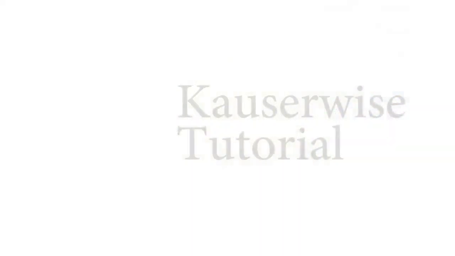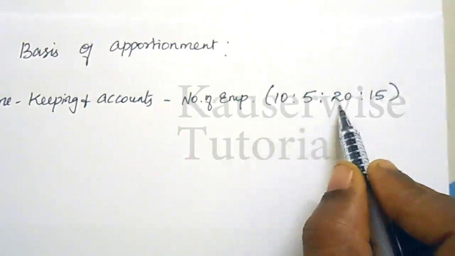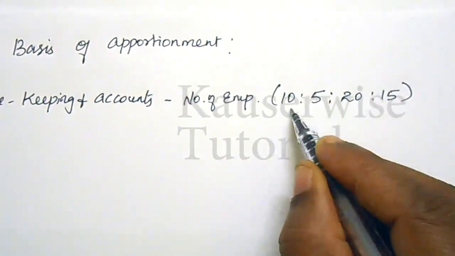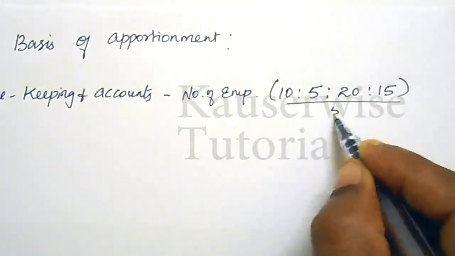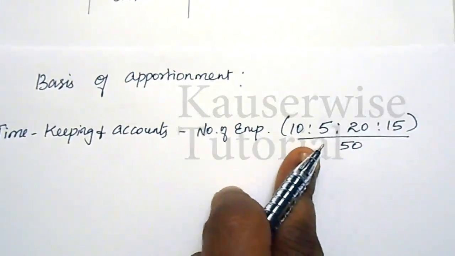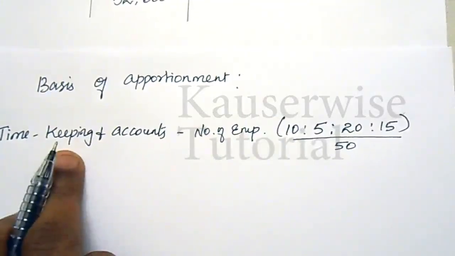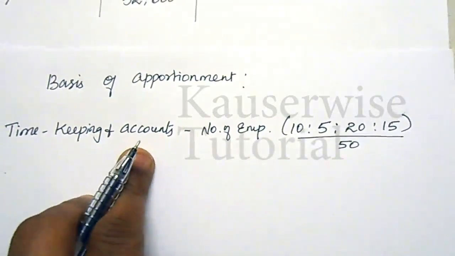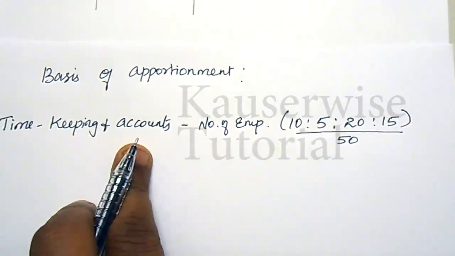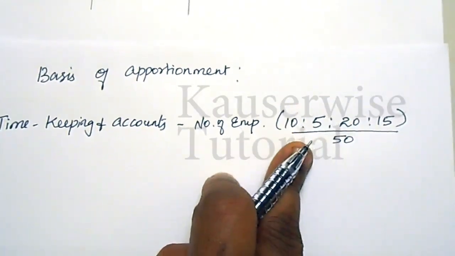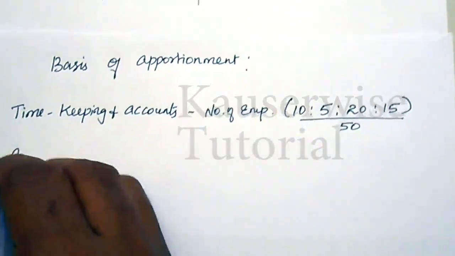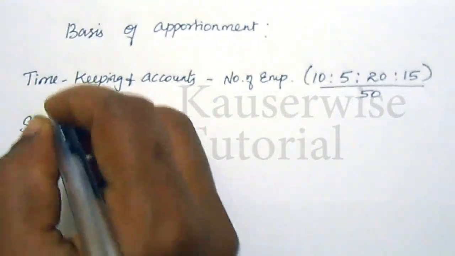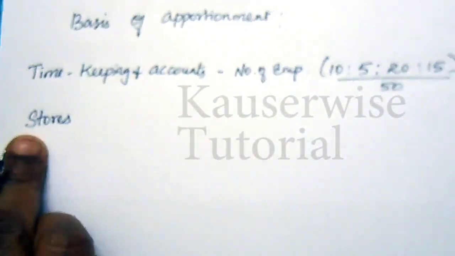Now get the total: 10 plus 5 plus 20 plus 15 is equal to 50. So divided by 50. This is the proportion to divide this particular department's overheads, that is, the timekeeping and accounts department overheads. We are going to distribute to all other departments according to the ratio. And the second one, stores. According to the sequence, the second department is the stores department.